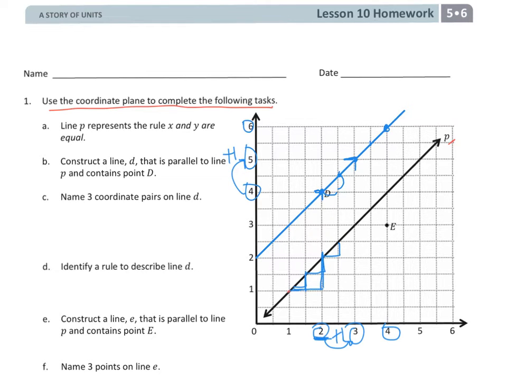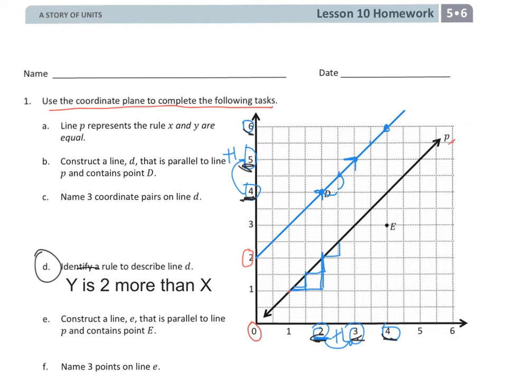And I can see my starting point here is 0, 2. And if I go 2, 4, 3, 5, 4, 6, my rule for D is going to be: X is 2 less than Y, which would mean Y is 2 more than X. So there's my rule for that.